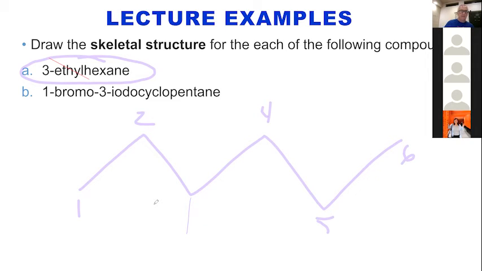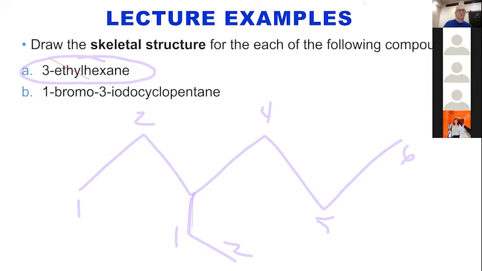So it'd be like this, 1, 2. So basically, you just draw it like that. That tells me that there's 2 carbons in there.